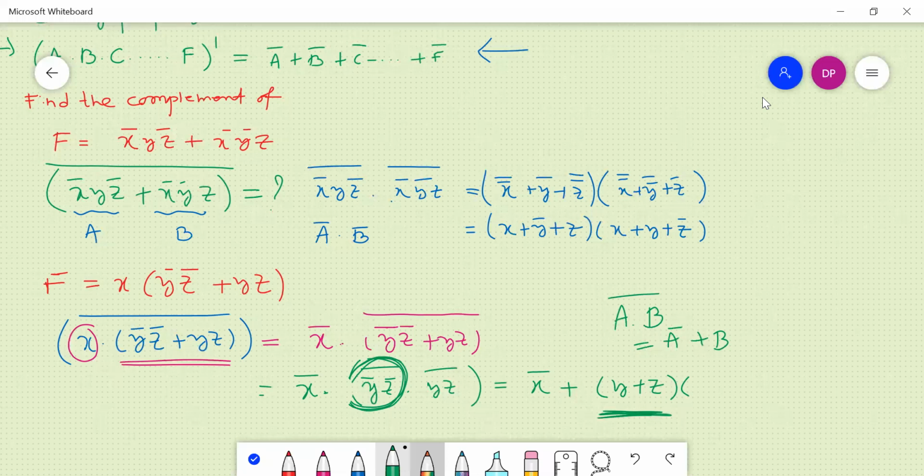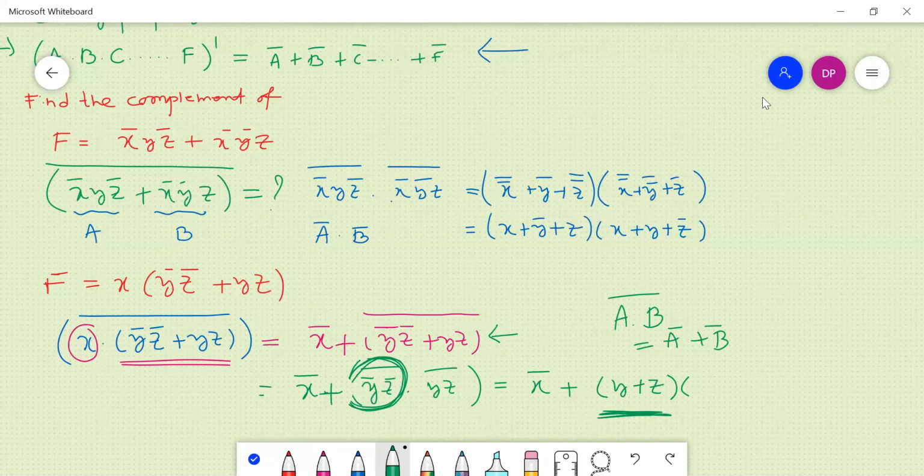Because of the pen, it stopped at dot. So this is A dot B bar. Okay. A dot B bar is A bar plus B bar. So that is what we have done here. Now here A plus B whole bar, again A bar dot B bar, right?